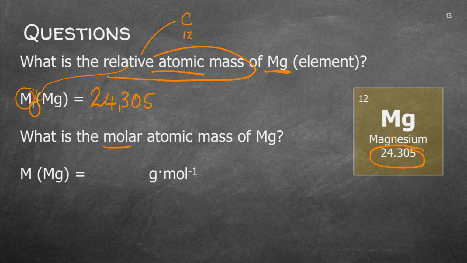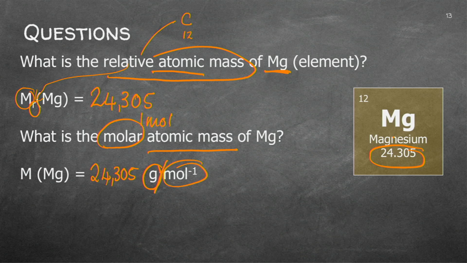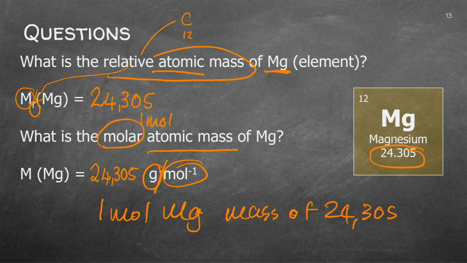What is the molar atomic mass? It is again the same number, but now it's grams per mole. 1 mole of magnesium will have a mass of 24.305 grams. Can you see it's a mass, a mole and a gram?